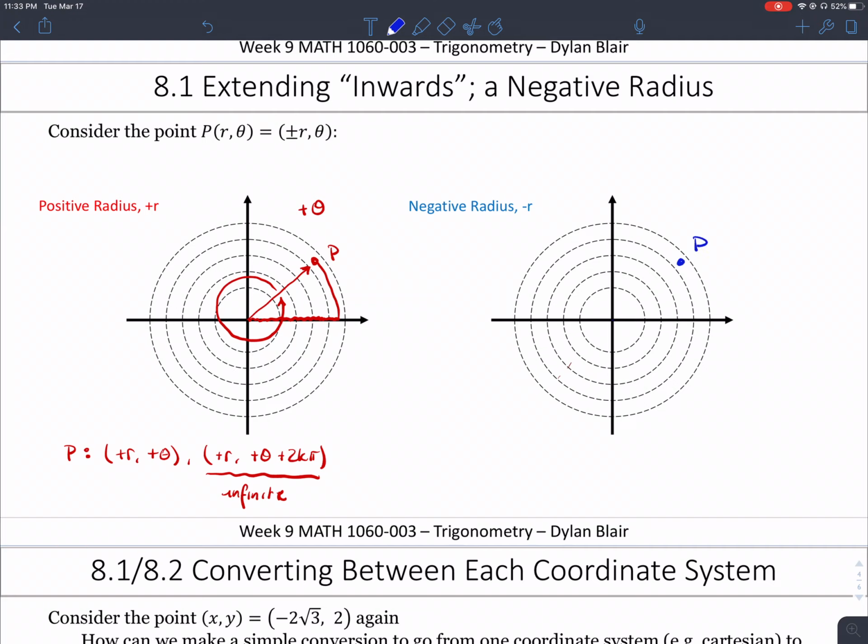And what we want to do is rotate all the way around to the opposite side of P. See how we rotated all the way around to the opposite side of P? We'll call this theta prime, a positive theta prime. And then extend backwards, so inwards.